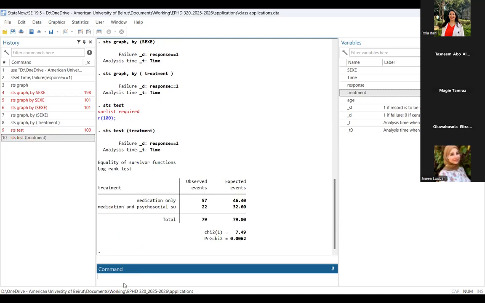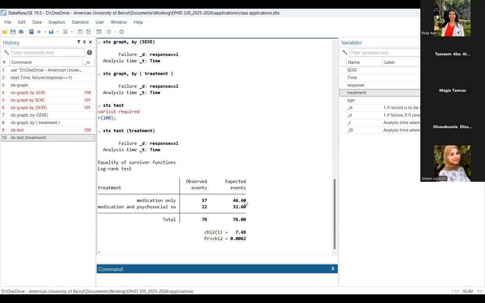All right, so that is the chi-square. Chi-square is the log rank. This is telling me that the log rank test is 7.49 and the probability is 0.0062. These log rank and Wilcoxon tests compare the observed events with what's expected if the survival were the same.